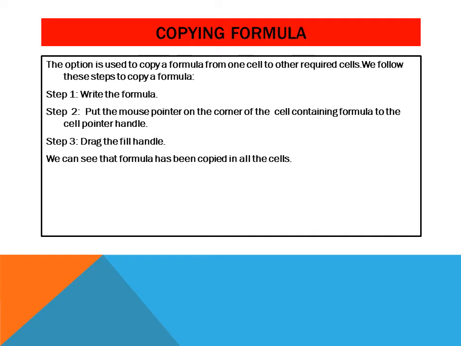As you bring the mouse pointer to the corner of the cell, you would notice that the shape of the mouse pointer is changed to a basic plus sign, which is also termed as fill handle.